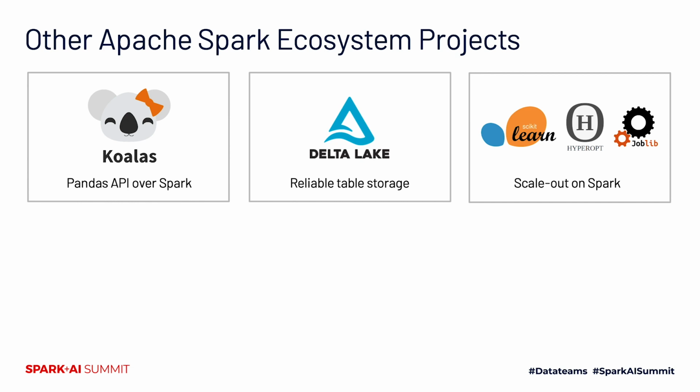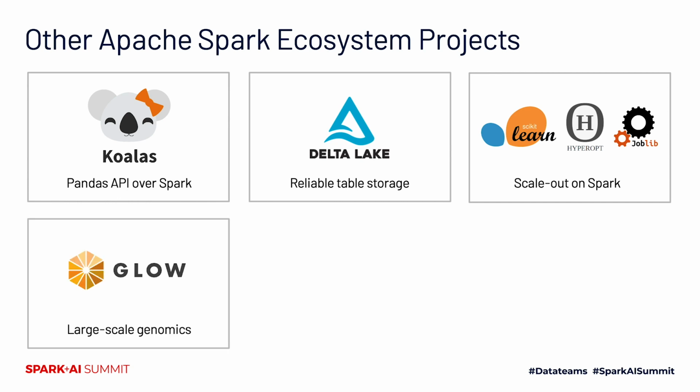And we've also done quite a bit of work to add Spark as a scale-out backend in popular libraries, including scikit-learn, hyperopt, and joblib. So if you use these for machine learning, you can just scale out your jobs on a Spark cluster. We're also collaborating with Regeneron to develop GLOW, a widely used library for large-scale genomics.